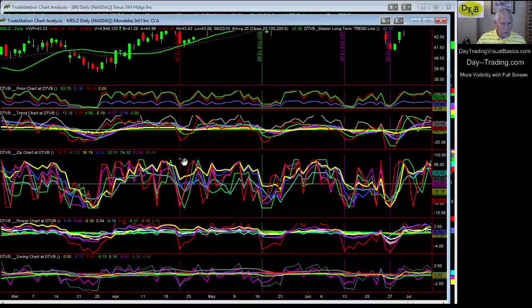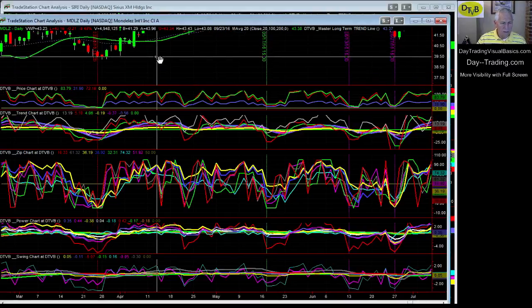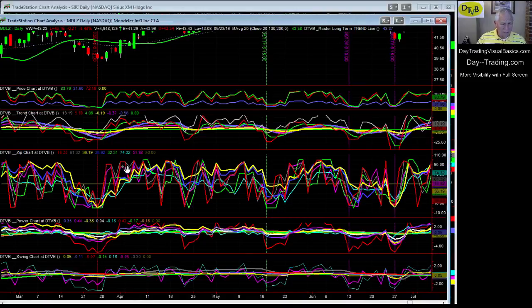I want to compare one more by moving this line over, and we have a W pattern, but in this particular example here where we think we have a low, we're in a right leg W on the trend red, and the power red we're on the first day, and on the zip Zion we're on the first day.